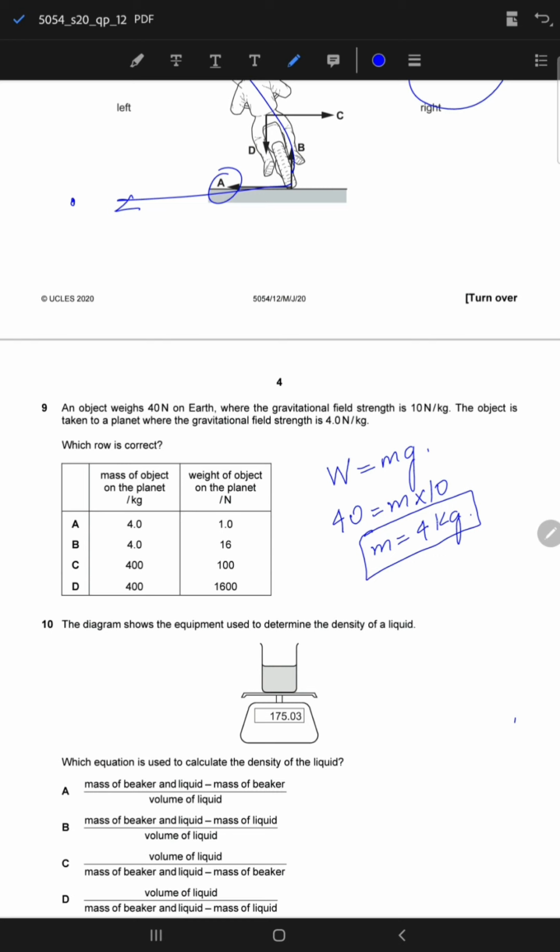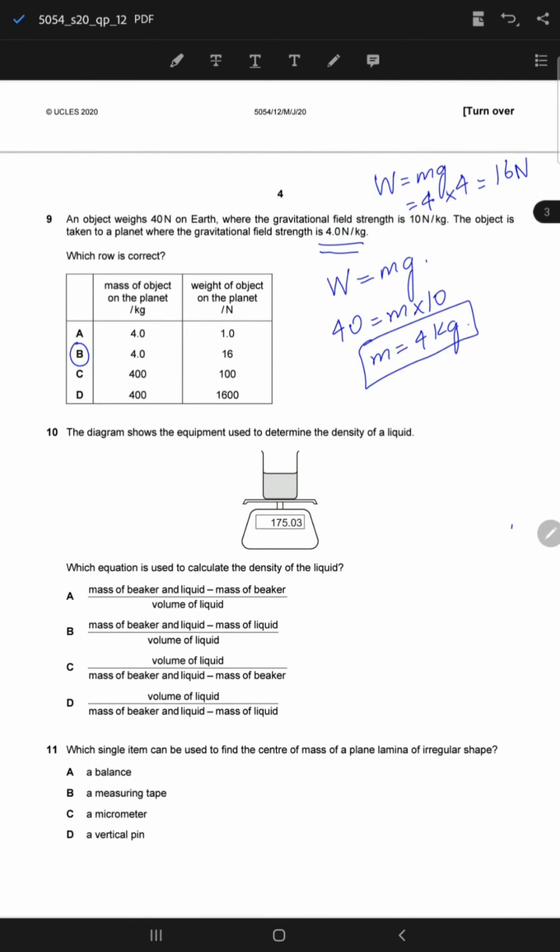It would be the same. However, since the planet has a gravitational field strength of 4 Newton per kg, you can find the weight on the planet as mg, and the mass you know is 4, and the gravitational field strength is again 4. So the answer is 16 Newton. So B is the correct answer.